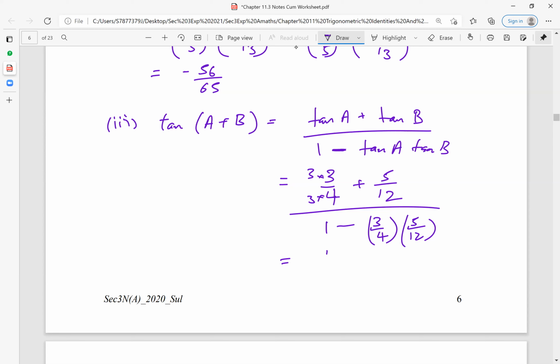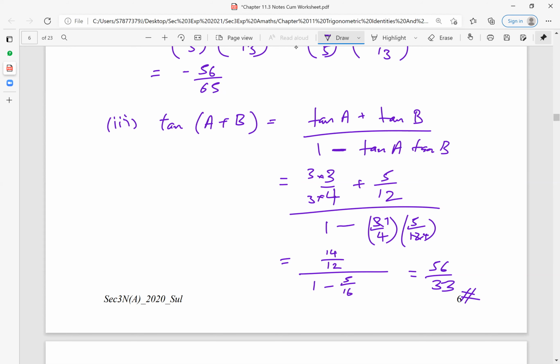Yeah, 14 over 12 and 1 minus, let me see, can I cancel this? Yeah, so it's 5 over 16. So someone help me calculate what's the final answer? 56 over 33.